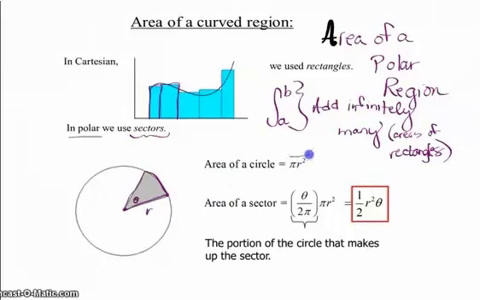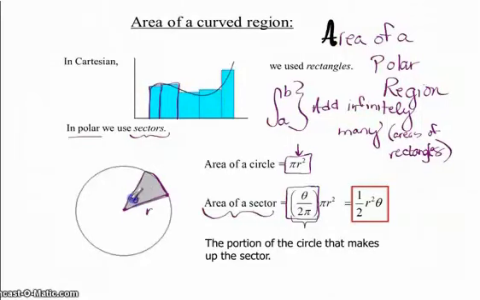We know from geometry that the area of any circle is pi r squared based on the measure of the radius.